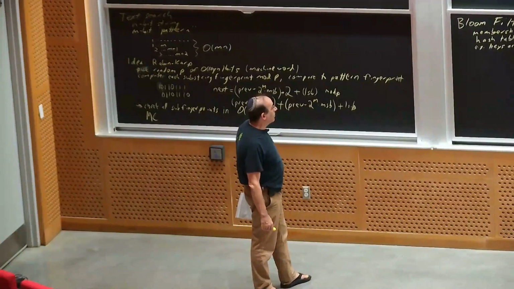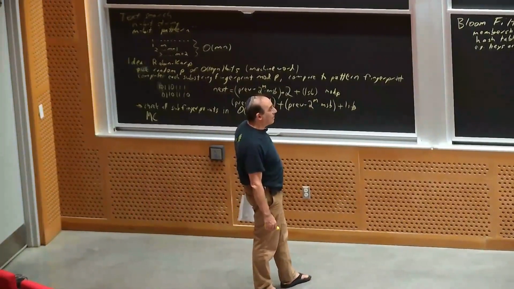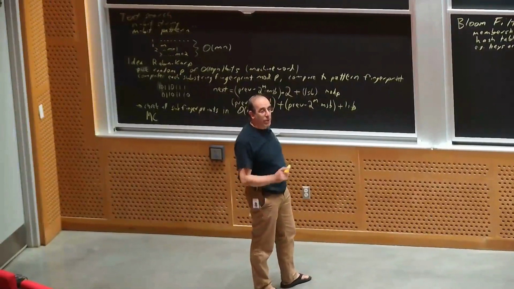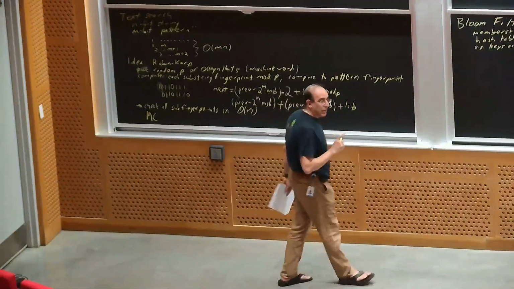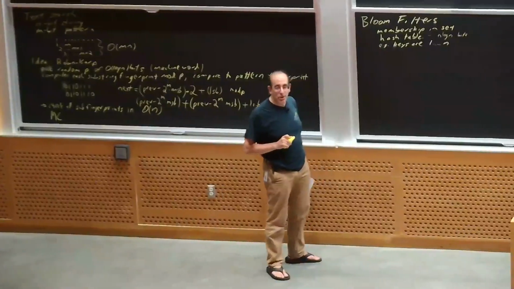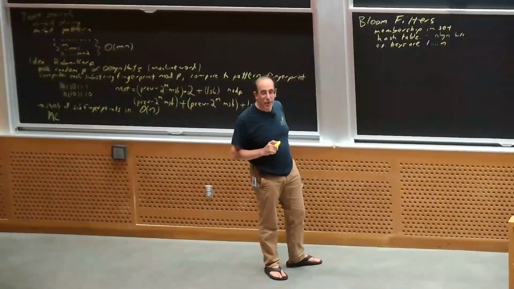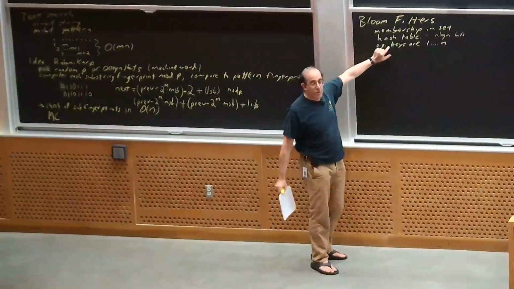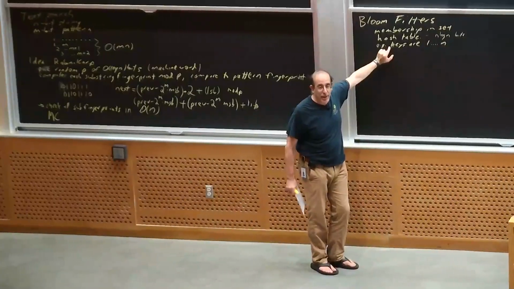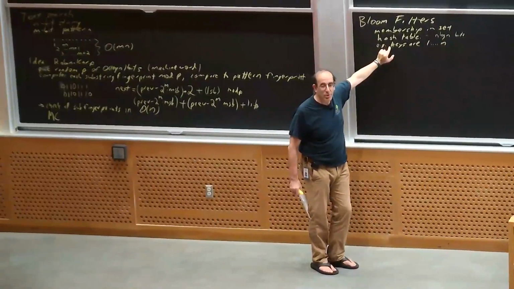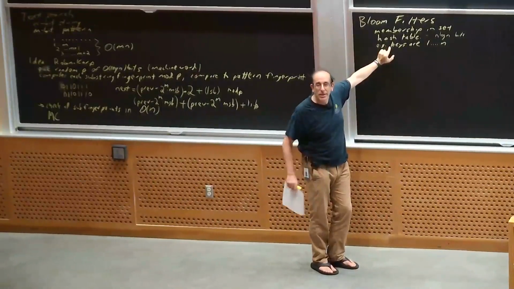That might be useful for fingerprinting the set. But here I just want to know whether a particular number is in the set or not. Again, if we're talking about keys in the range 1 to n, I don't really need a hash table. Yeah?